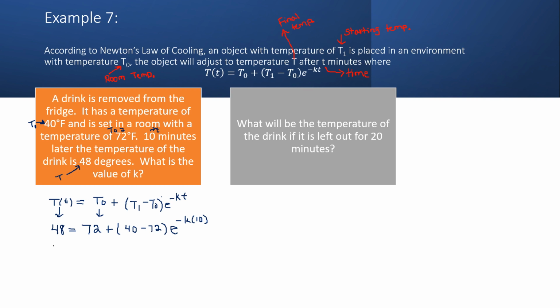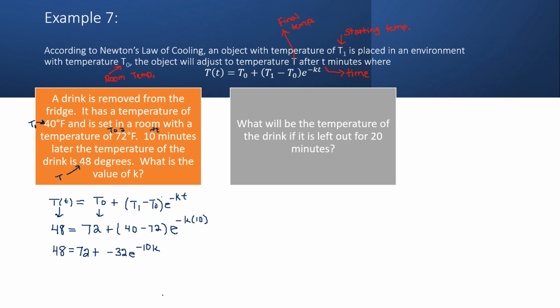So cleaning this up a bit, 48 equals 72 plus a negative 32 e, and then I'm going to rewrite this exponent in the normal math notation where we put the numbers in front of the variables, so e to a negative 10k. So that's what I have just from cleaning up the formula.